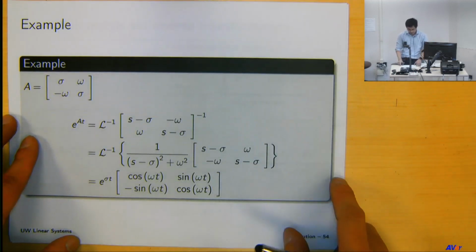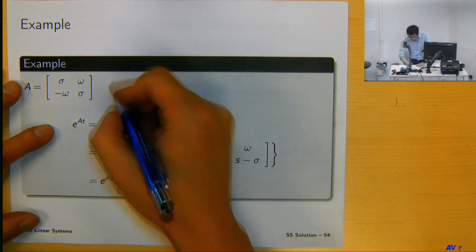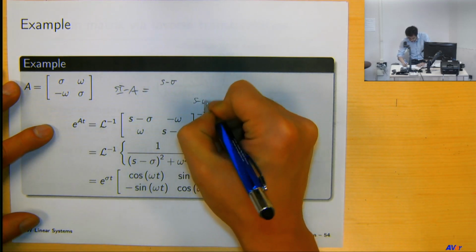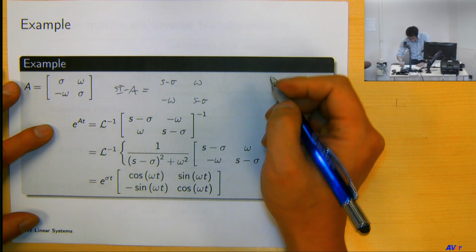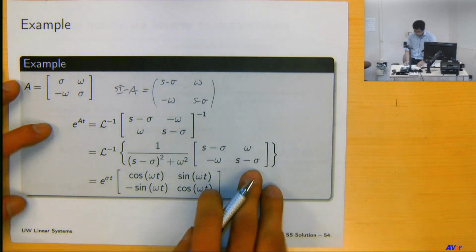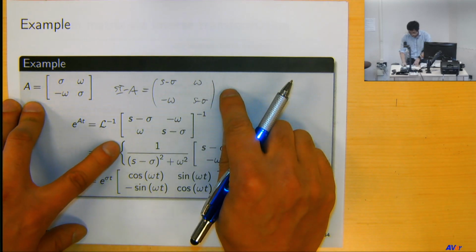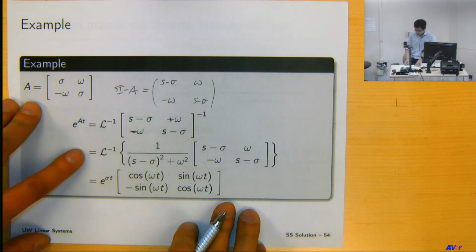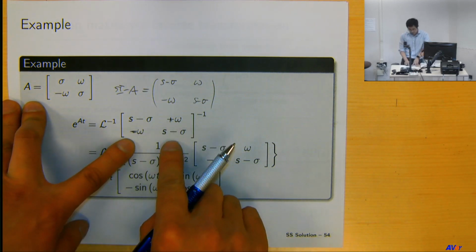With this, you can work on this one very easily. If A is like this, then sI minus A is going to be equal to s minus sigma, omega, negative omega, s minus sigma. Then for (sI minus A) inverse, you just need to compute the 2 by 2 matrix inverse.